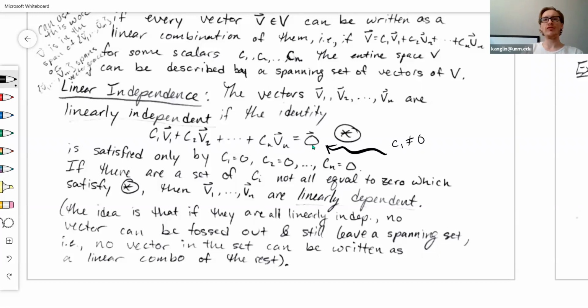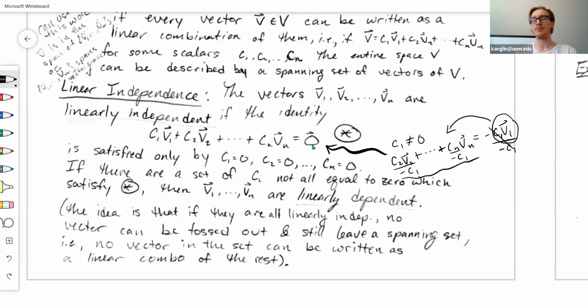Then that means you could move this to the other side, leave the other stuff over there, and you have negative C1 V1 on this side. Since C1 is not zero, you can divide that off and there you have V1 written as a new linear combination of the rest of the vectors.